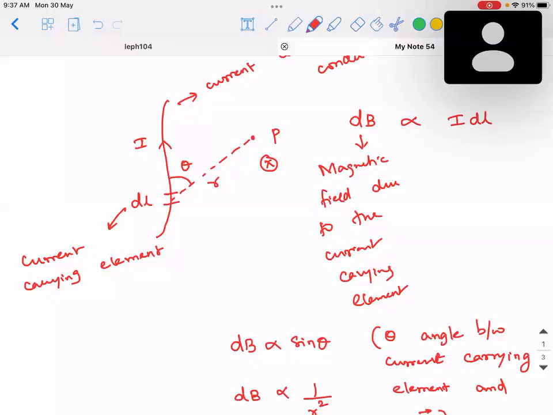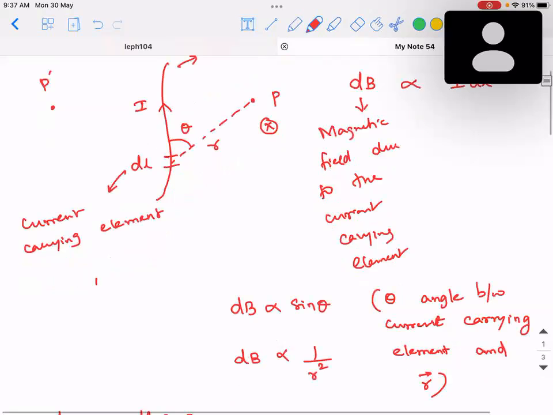Similarly, had I taken a point P on the left hand side, if I called it P dash, then observe. I want to tell you one important point. Instead of a current carrying conductor, if you had a linearly charged conductor like this, at this point the electric field would have been away from it.